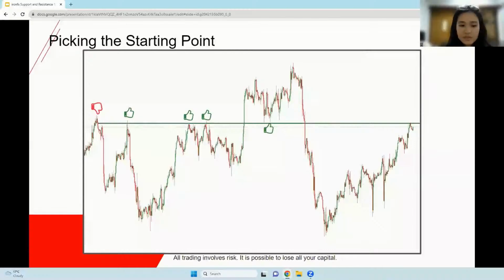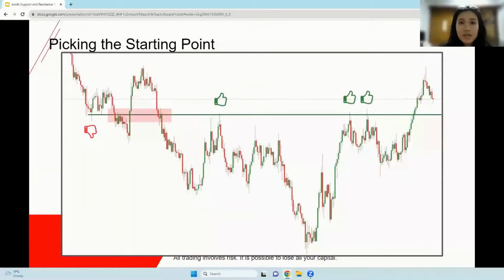Another example here. Similarly, this red highlighted area is not preferred because you're cutting too many bodies of candlesticks. Again, the green thumbs are just cutting the wicks of the candlesticks.